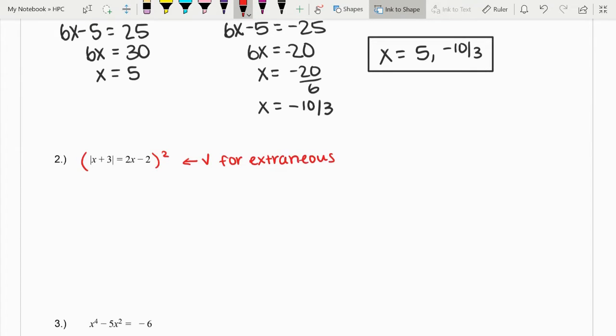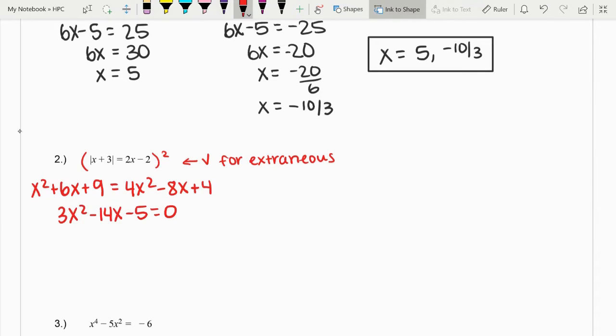So if I'm squaring both sides, I'm going to have x squared plus 6x plus 9 is equal to 4x squared minus 8x plus 4. Okay, so let's move everything to one side. So we'll have 3x squared minus 14x minus 5 equals 0.